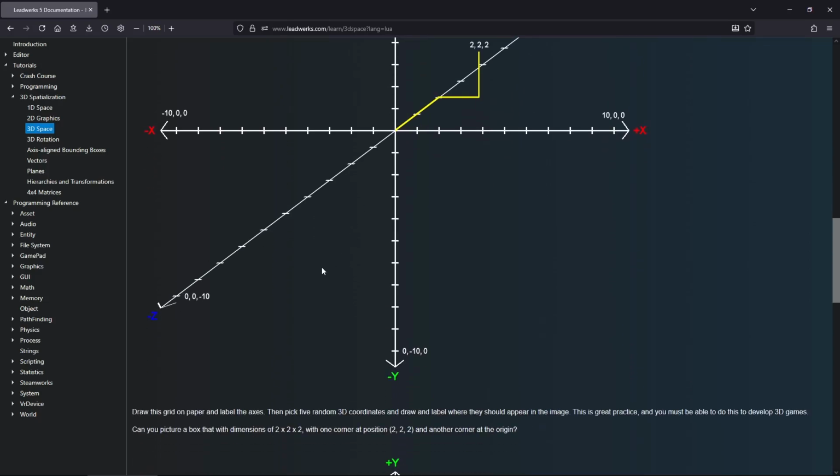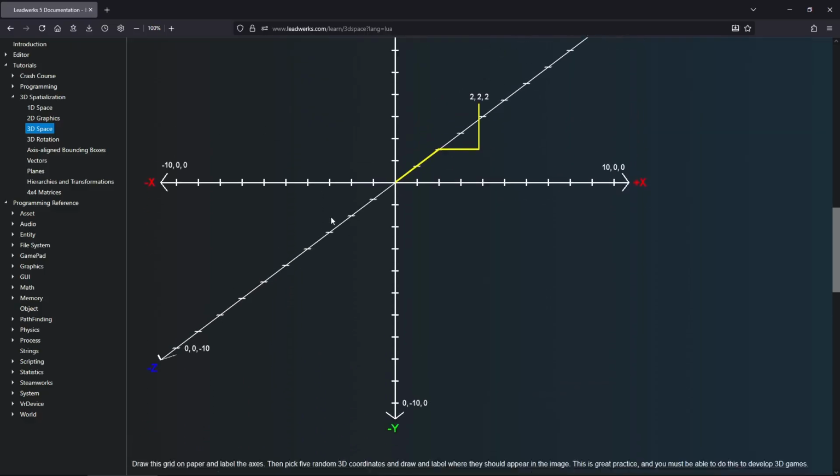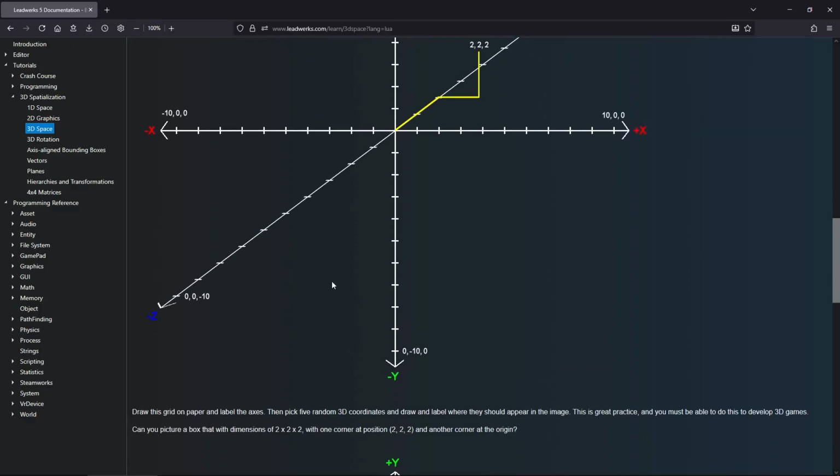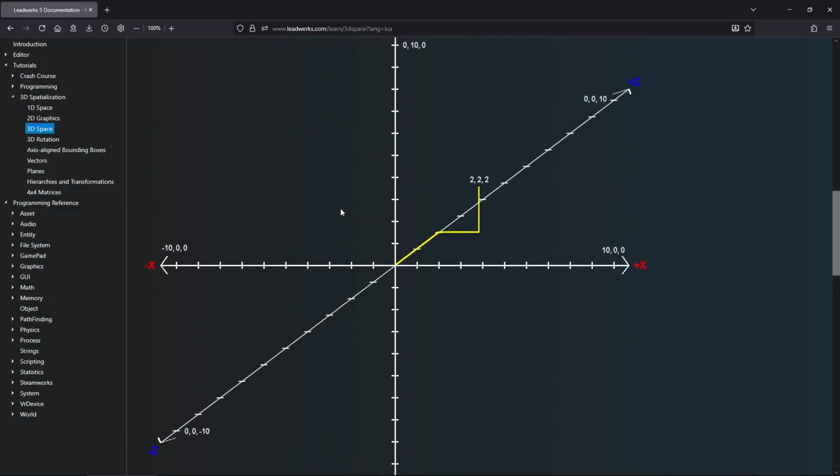Okay. What if we draw a box and we put one corner at this coordinate, 2, 2, 2, and we put the opposite corner at the origin, that's 0, 0, 0. What would that actually look like? Well, we have part of it drawn already.